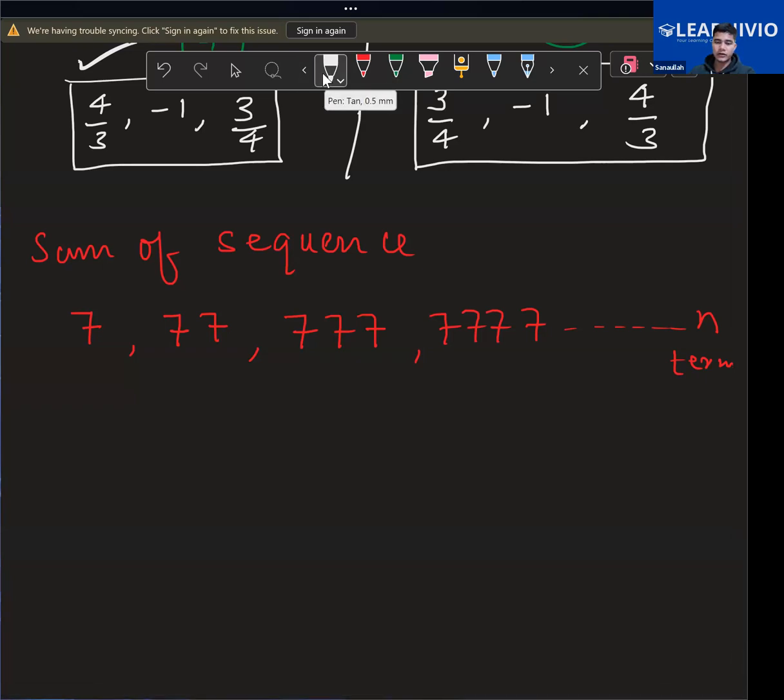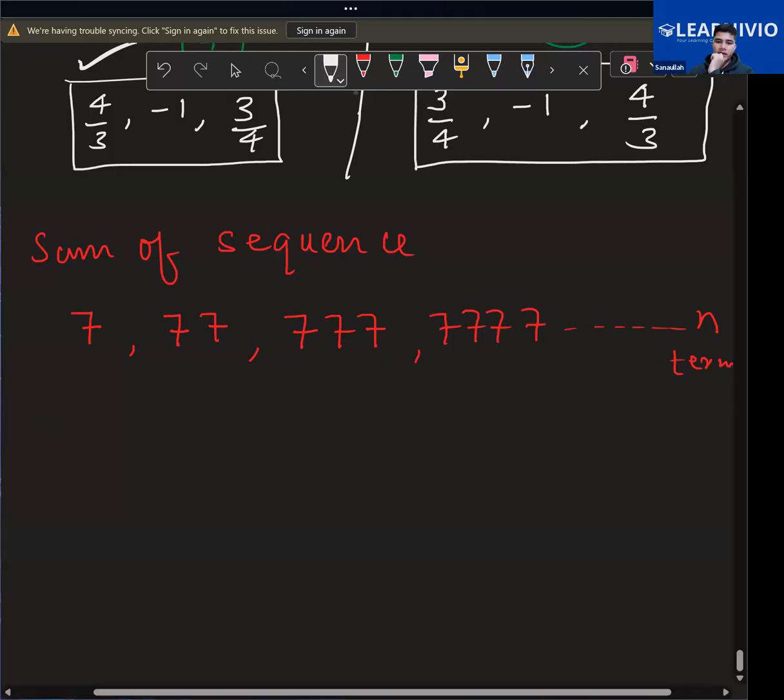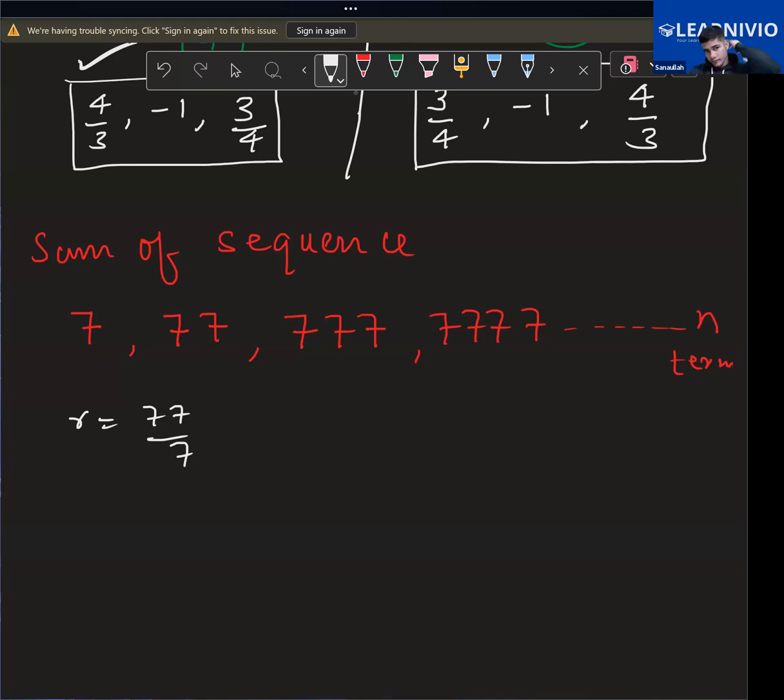If I divide a2 by a1, then whatever I get is the common ratio, and that should be equal to the result of dividing the third term by the second term, right? So let's do it. R is 77 over 7, right? So this will be 11. Correct or no? This will be 11.